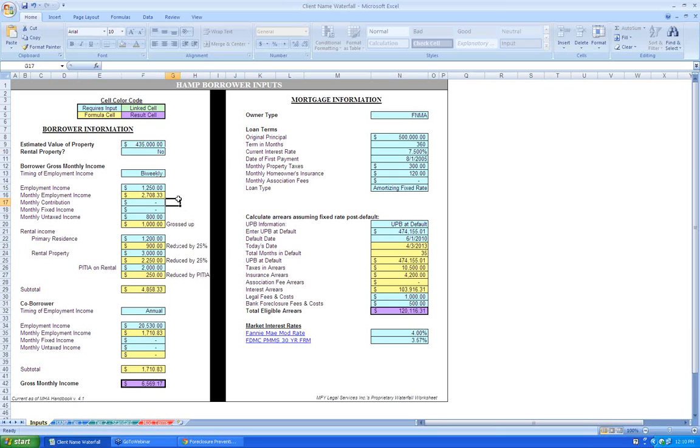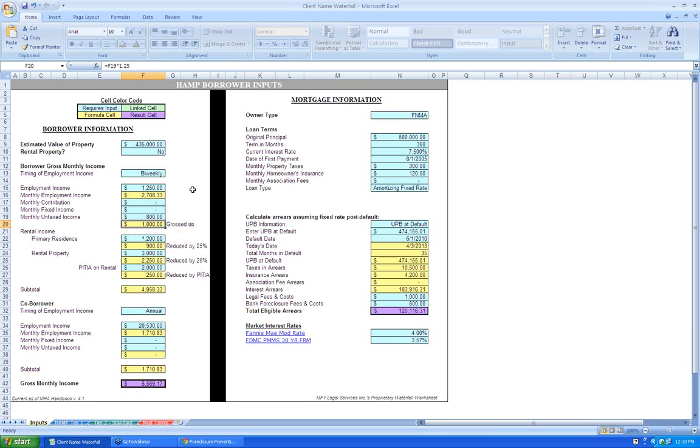The next big section is income. There are lists of all the different types of income that people tend to have: employment income, contribution income, their monthly fixed income. This is like a taxable income that's provided on a monthly basis, like a pension. Monthly untaxed income, this would be like food stamps or some kinds of Social Security.